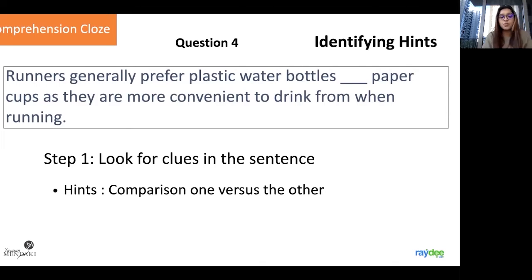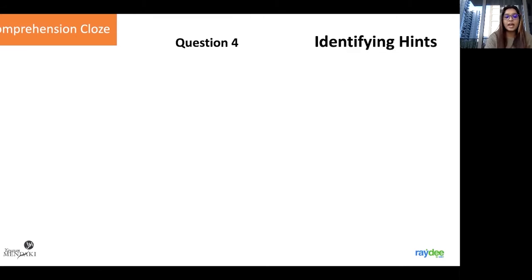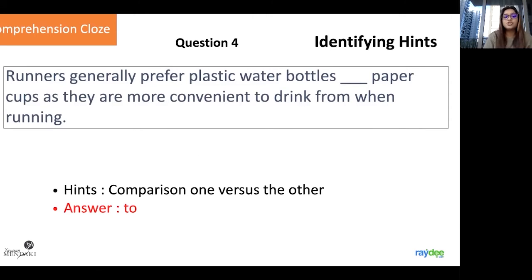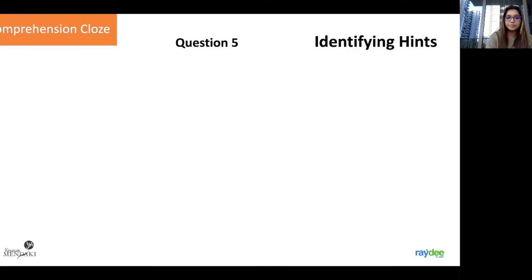So your hint would be to compare one versus the other. To do that, we use the infinitive, which is "to", T-O. So runners generally prefer plastic water bottles to paper cups as they are more convenient to drink from when running.